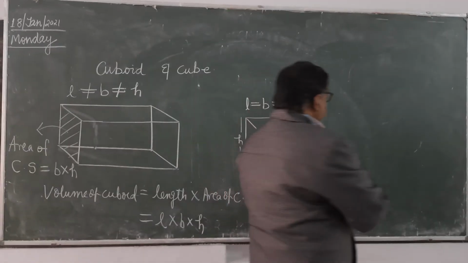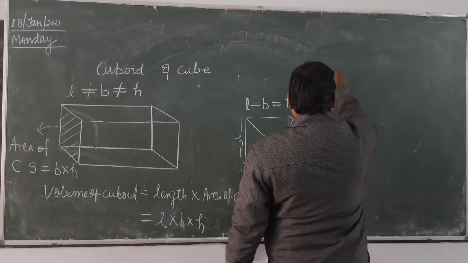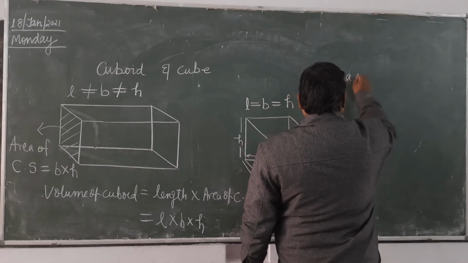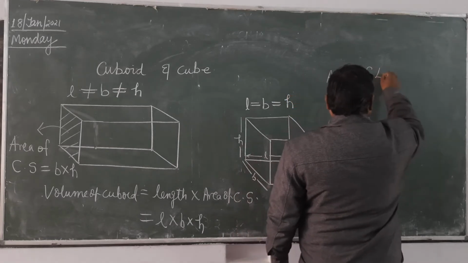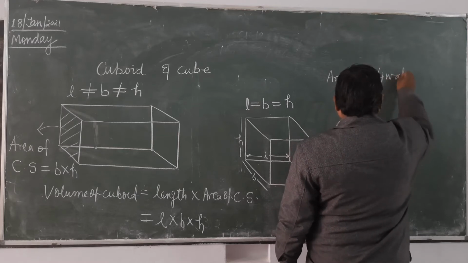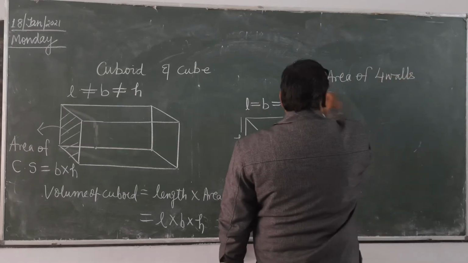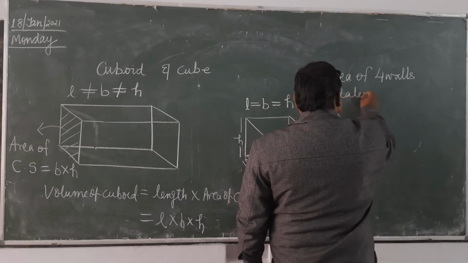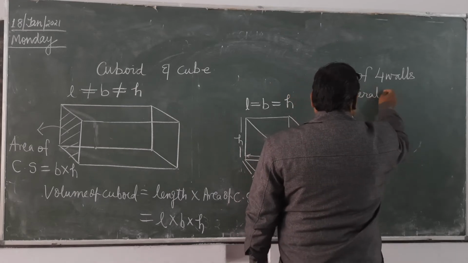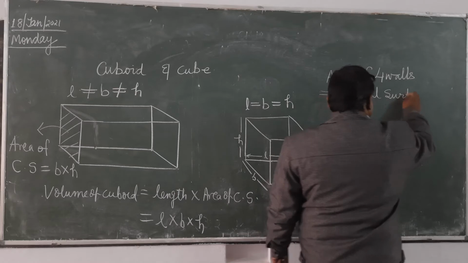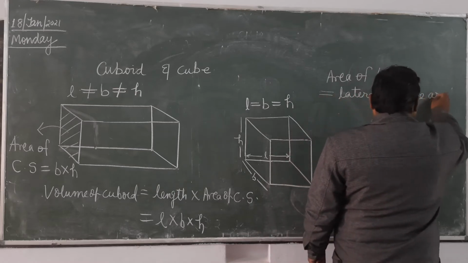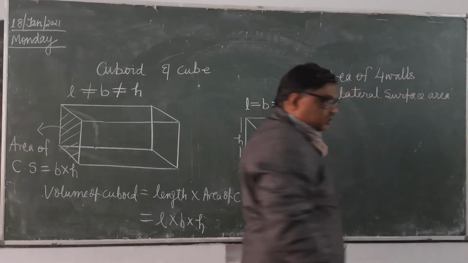There is one more, the area of 4 walls, which we also call the lateral surface area. See here, what will be the lateral surface area?